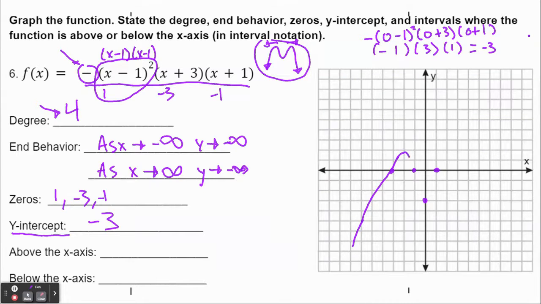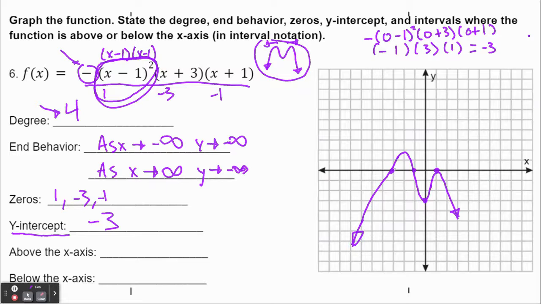I'm going to come back down through negative 1. I know it's going to go down to this y-intercept here, and when I'm coming up to my final zero, which is at 1, which remember, if we look back here, is what is squared, that is going to tell us it's going to bounce off of that point and go back down to finish off our M shape.